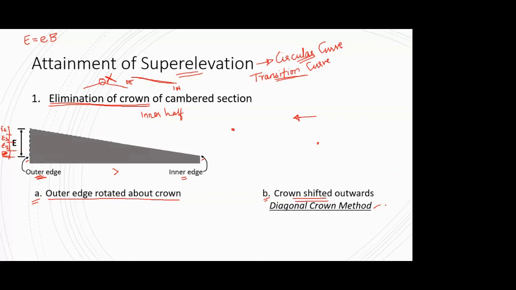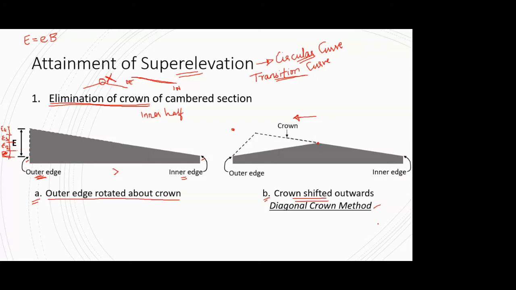And in the second method, you shifted the crown, this apex portion, towards the outer edge like this, and then we attain a superelevation value of capital E. Now, the drawback or limitation of this method is, in the first one, the A method, you have improper surface drainage issues.